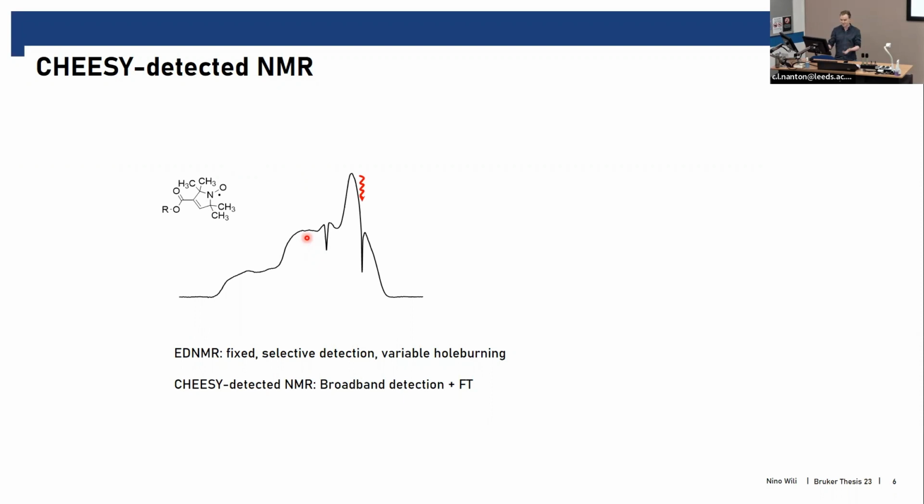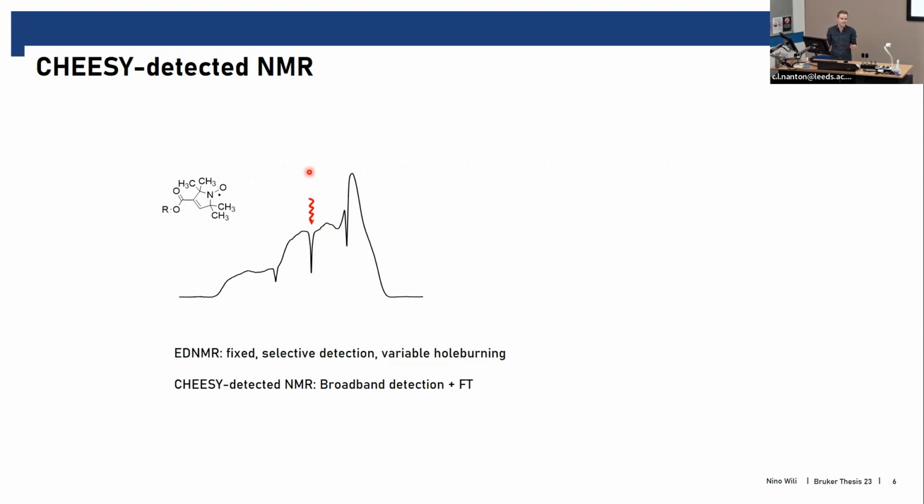But what you can basically see already here is the experimental result. Well, you can actually do it in one shot. Because if you have a broad line and you just irradiate, all the holes are already present. And if you just do a Fourier transform of this echo, you basically get the EDNMR spectrum in one shot.